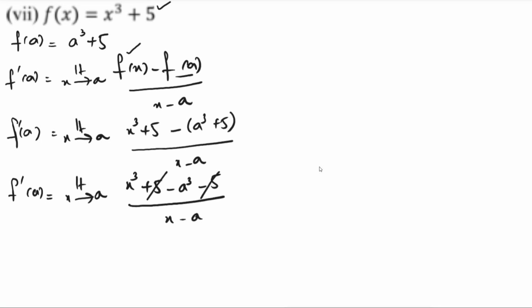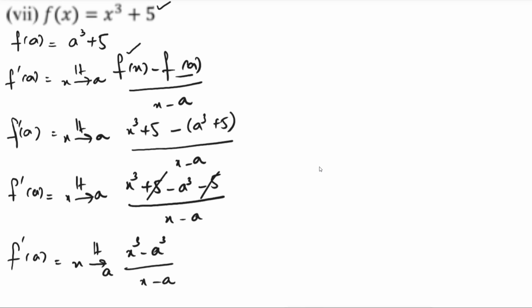This 5 is cancelled with this. Positive, negative are cancelled. So here it can be written as x cube minus a cube divided by x minus a.